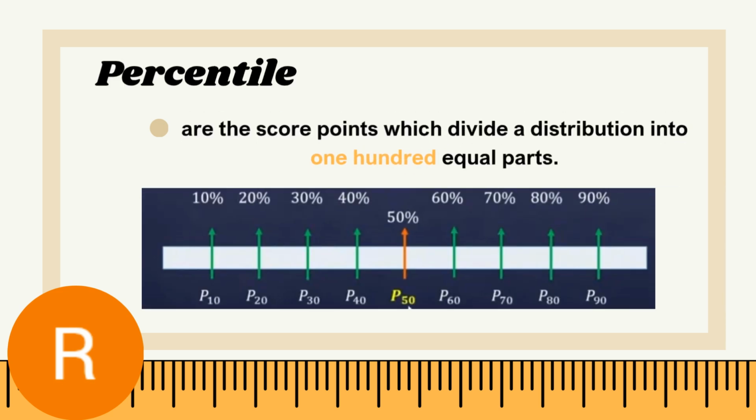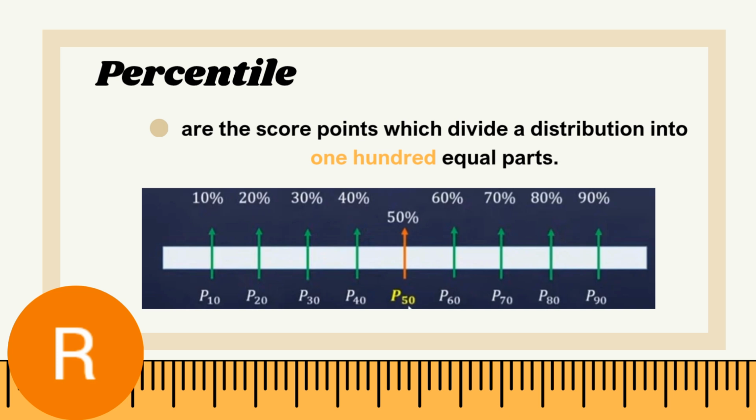Lastly, we have percentile. Percentiles are the score points which divide a distribution into 100 equal parts. In the same manner, for percentiles, there are 99 percentiles such that 1% of the scores are less than the first percentile, 2% of the scores are less than the second percentile, and so on.